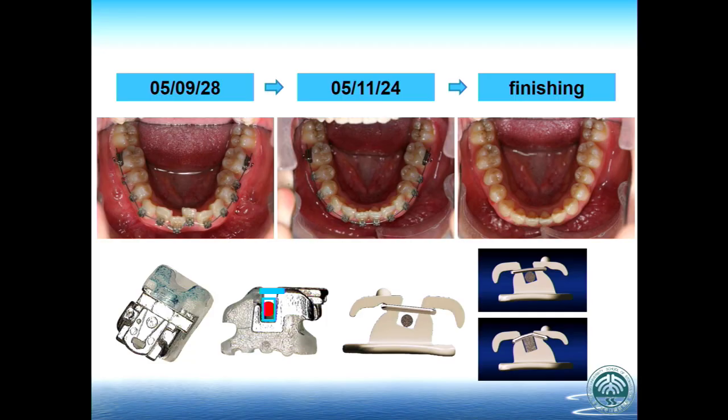Which archwire will you choose, a larger round archwire or a rectangular wire? Which one is better for MLF brackets? Can anyone answer these questions?